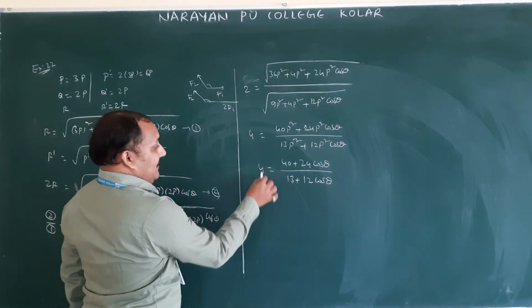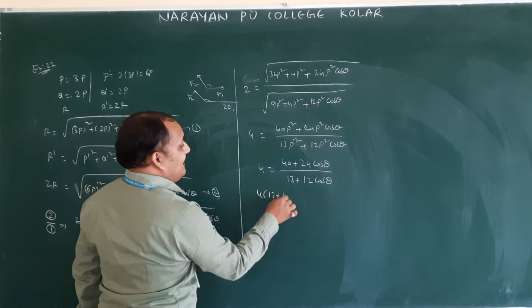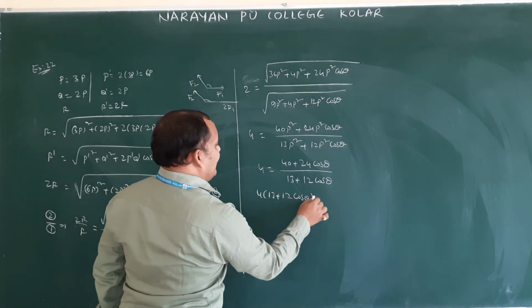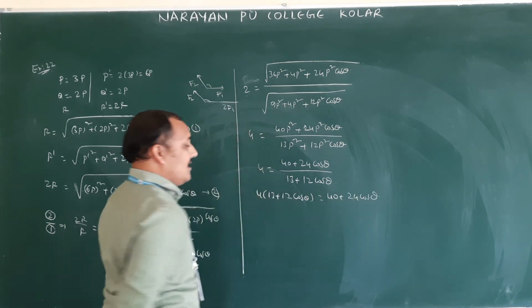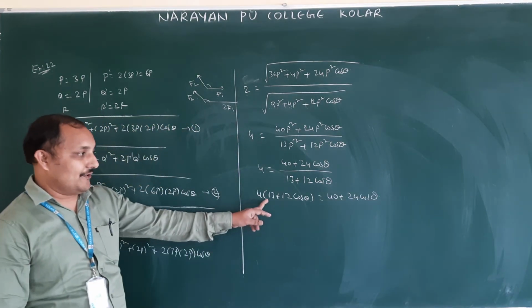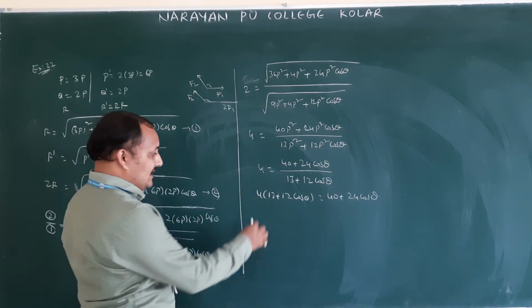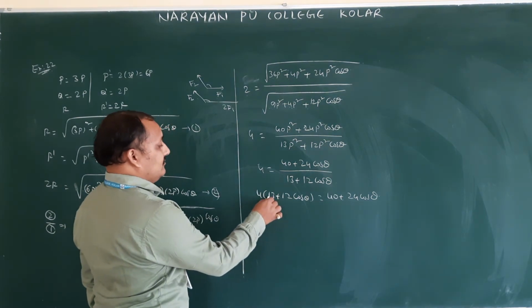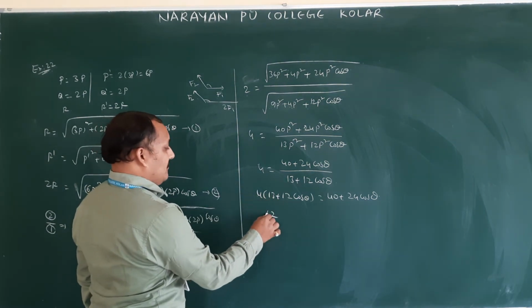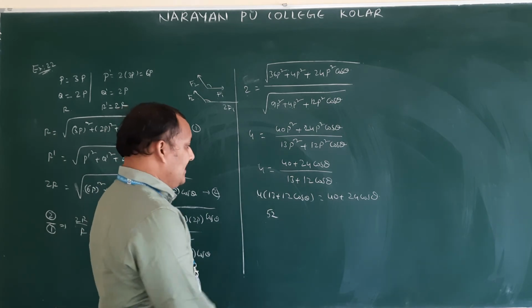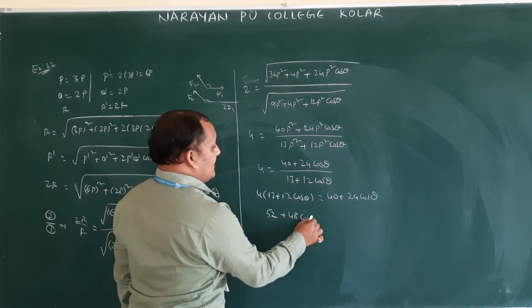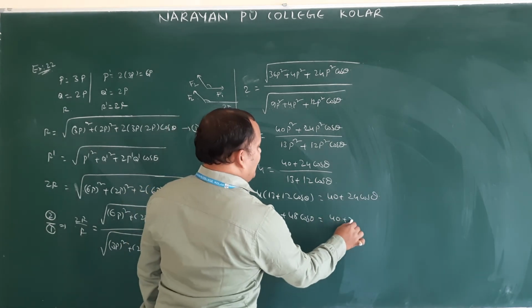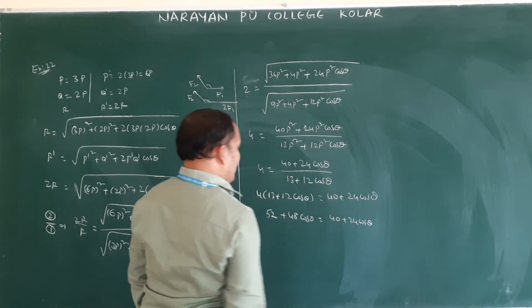Now we can multiply. So 4 into 13 plus 12 cos theta is equal to 40 plus 24 cos theta. 13 fours: 4 3s are 12, 1 4 is 52. Correct? 52 plus 12 fours, 48 cos theta is equal to 40 plus 24 cos theta.